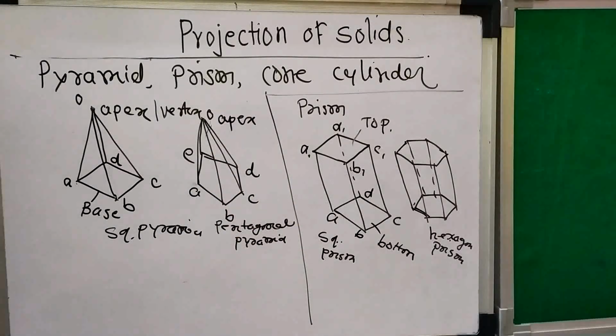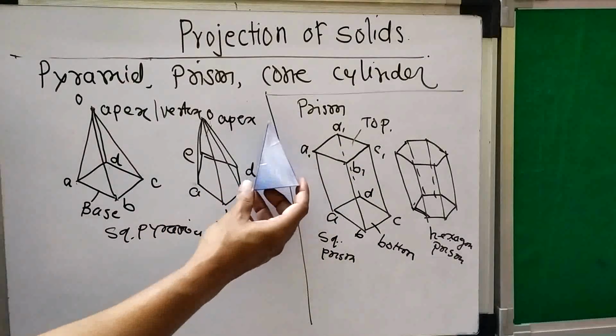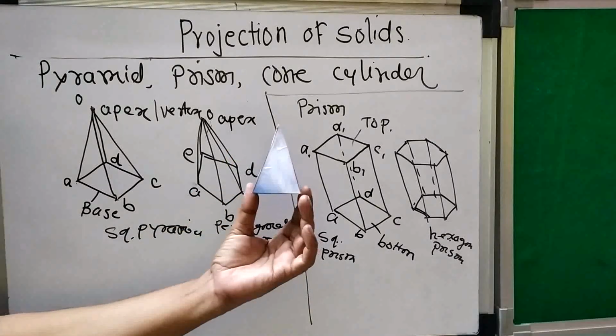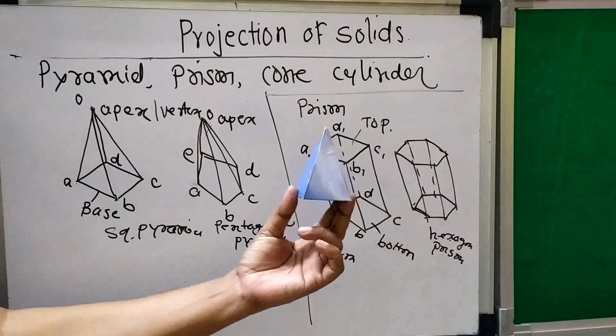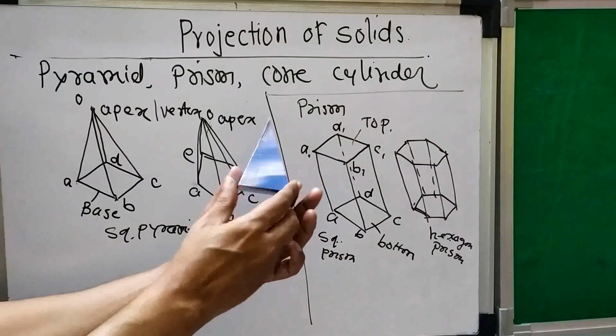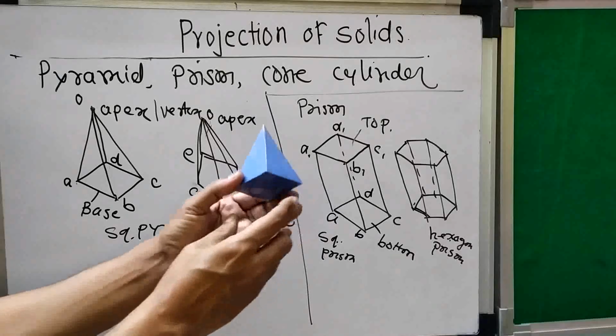So you can see this sample example, the difference between the pyramid and the prism. This is the solid. This solid can be a square pyramid. You can see 1, 2, 3, 4 sides of a square.